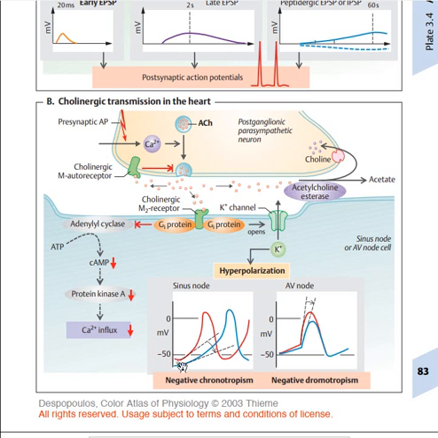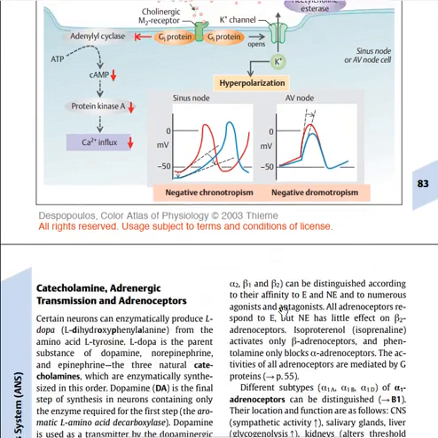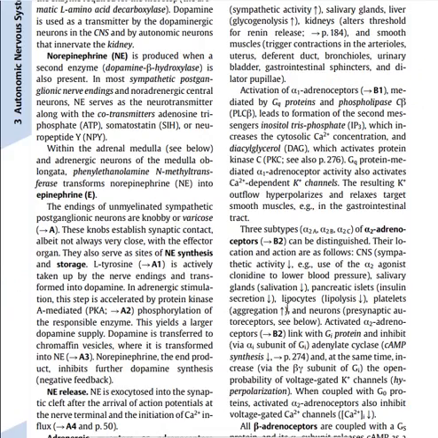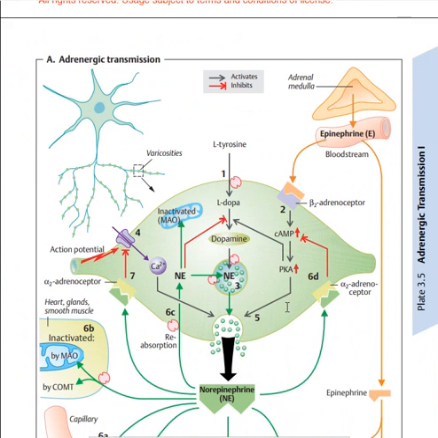So as you can see, it's going to reduce as such, and then you have negative chronotropism and negative dromotropism. So it's going to reduce the rate of action potential in the sinoatrial node, and also reduce the rate in the atrioventricular node.